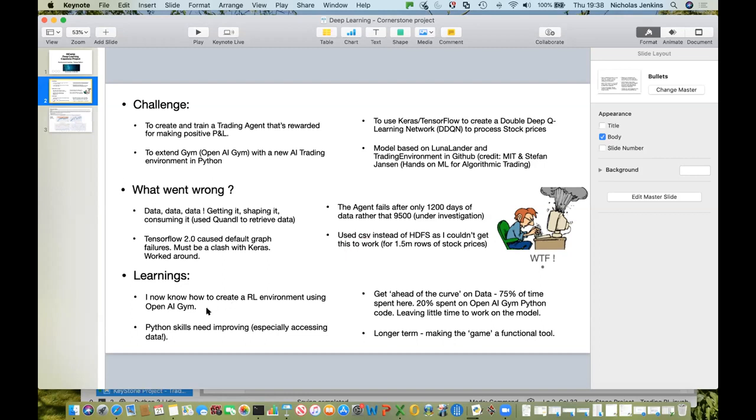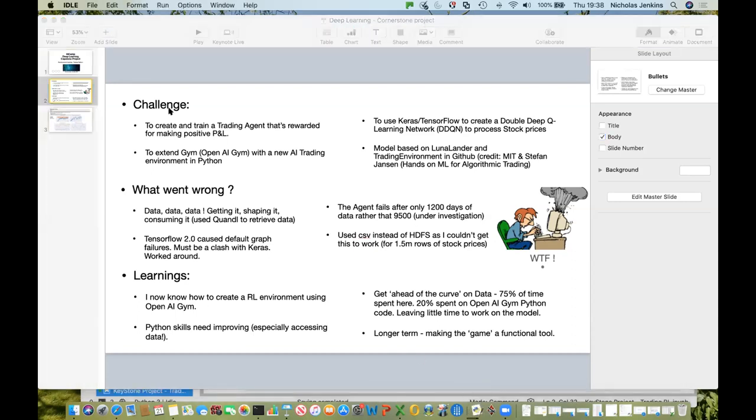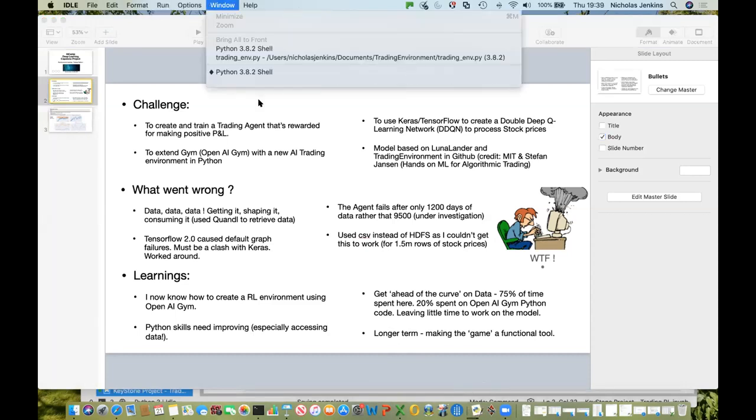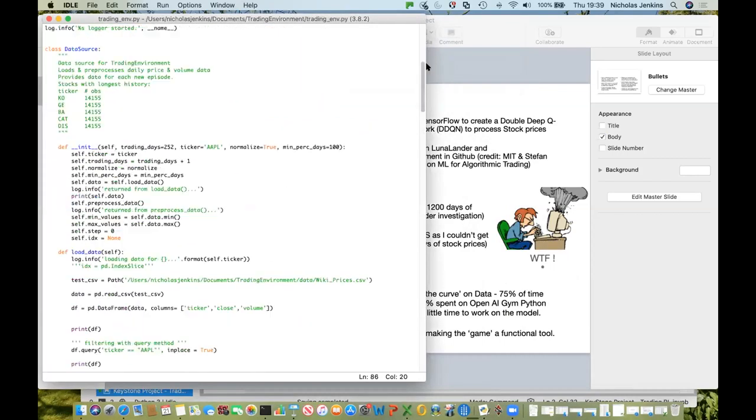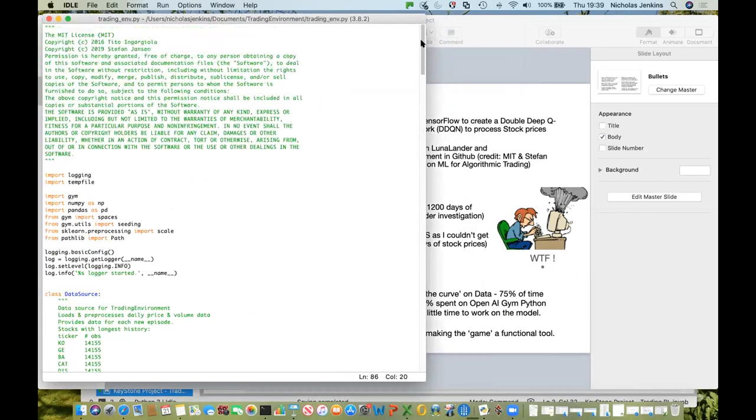Okay, so what did I learn? I learned how to create an RL environment using OpenAI Gym, which is done in a separate file. Let me just show you that quickly. Okay, so a separate Python implementation.